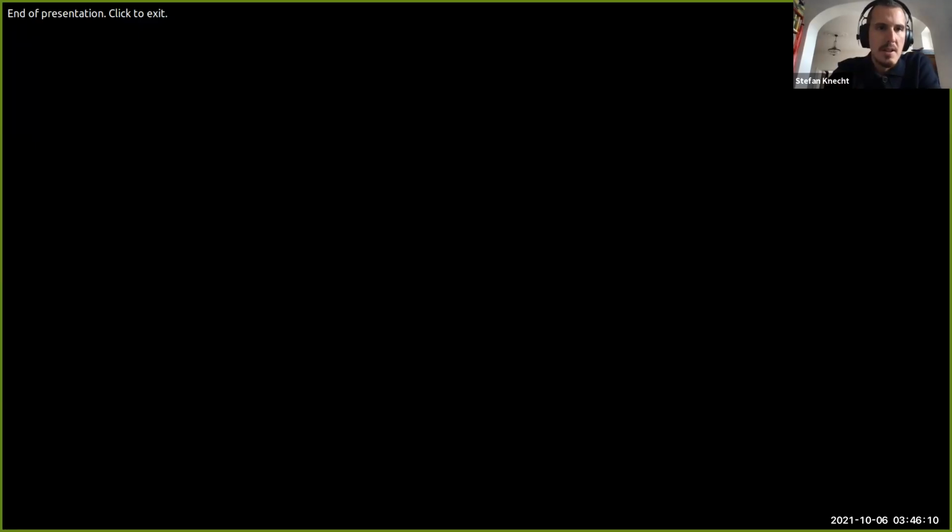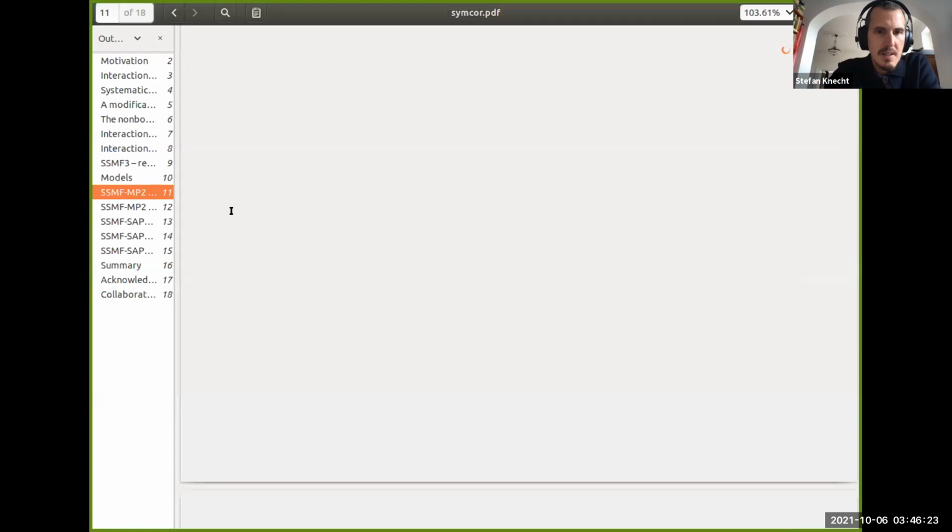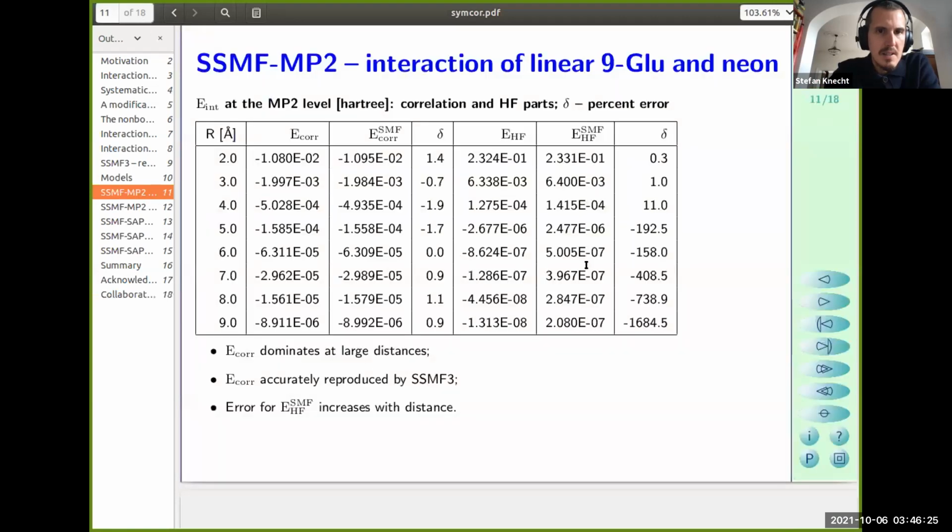On slide 11, where you looked at the interaction energy as a function of the distance, I noticed that there are some sort of oscillations in the error as you go along. One moment, I have to show the slide. Slide 11. Yes, exactly, in this one.